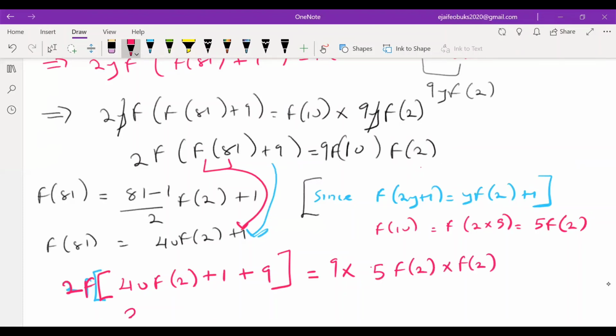So this implies that 2 f of 40 f of 2 plus 10 is equal to 45 f of 2 squared.